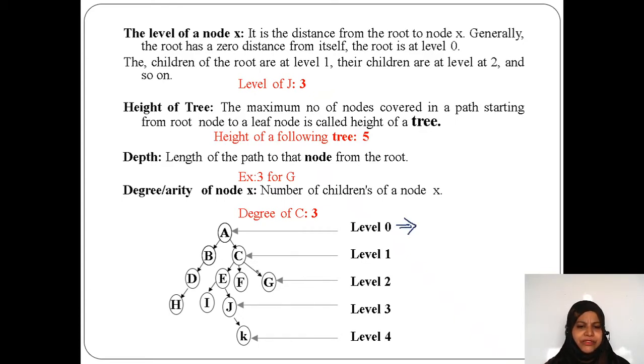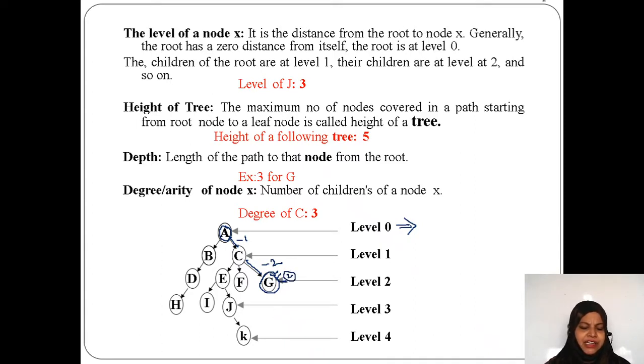Next is, for example, G. For this node G, I am going to find the level. It is the distance from the root node to that particular node. See here, root is A, so from A to C 1, C to G 2. So what is the level of the G node? 2. Level of the G node is 2.